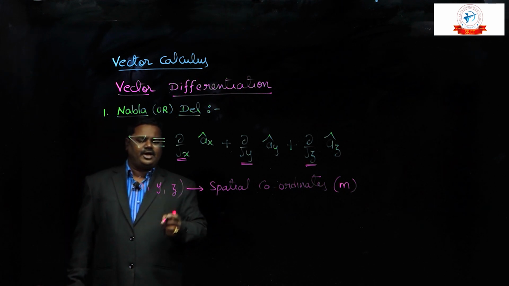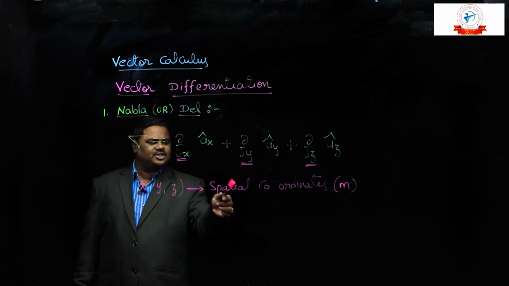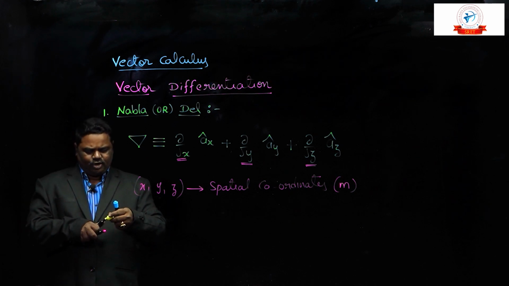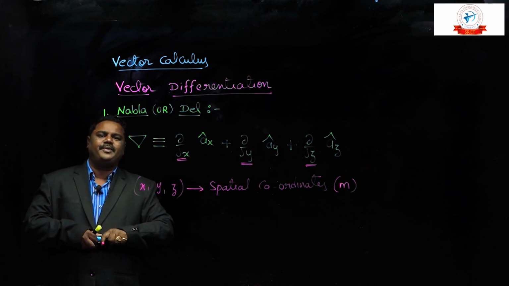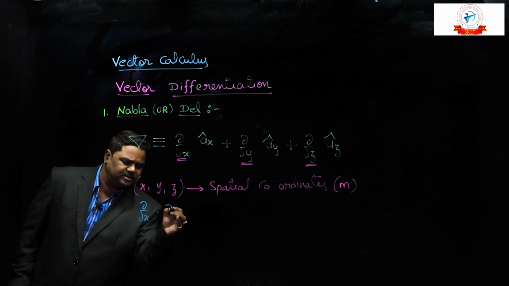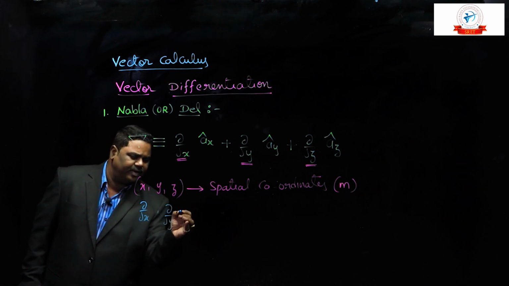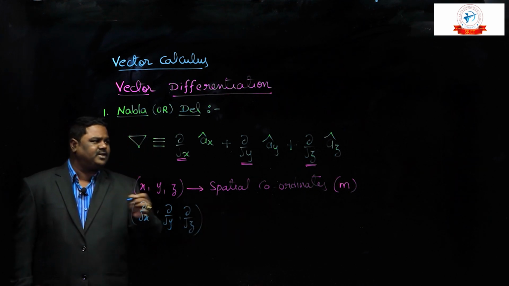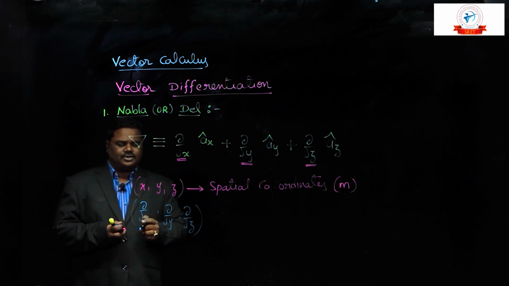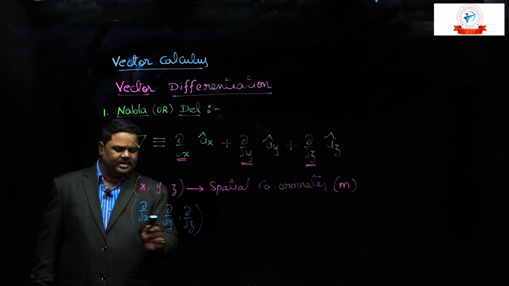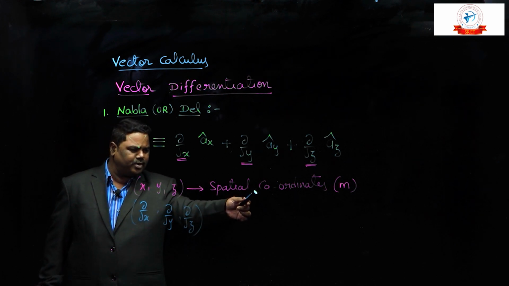Okay. Now, if x, y, z are spatial coordinates, then what are dou by dou x, dou by dou y and dou by dou z? We have 3 terms, dou by dou x, dou by dou y and dou by dou z. What are these terms now? Here the differentiations are with respect to x, y, z, and x, y, z are called spatial coordinates.